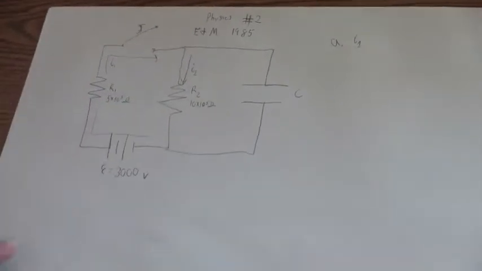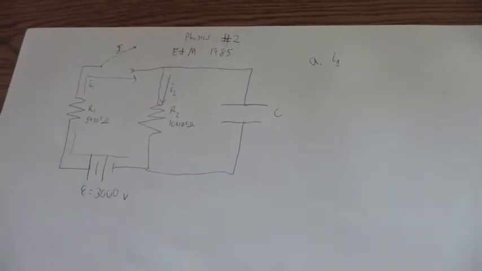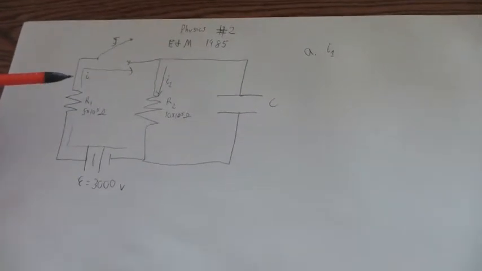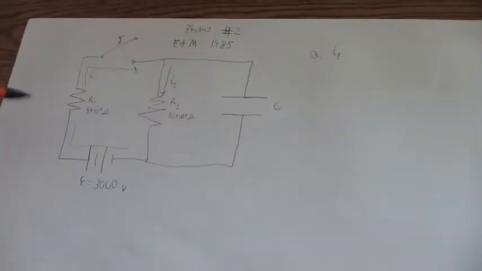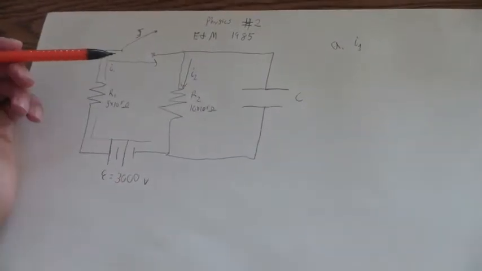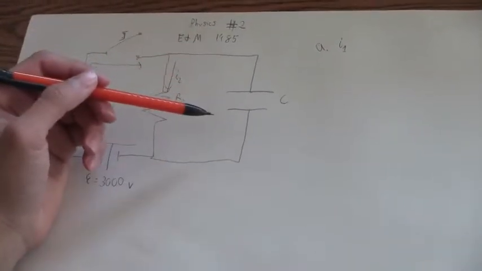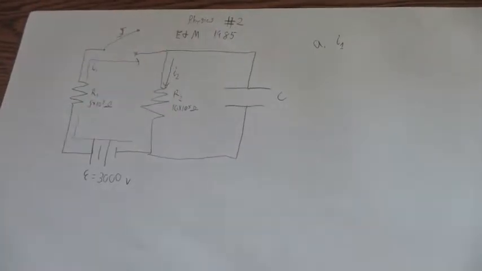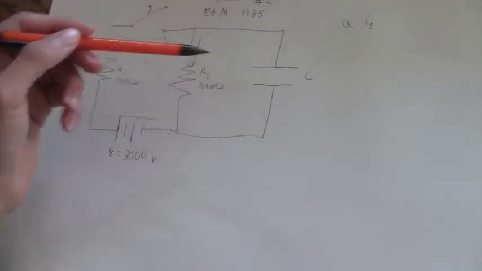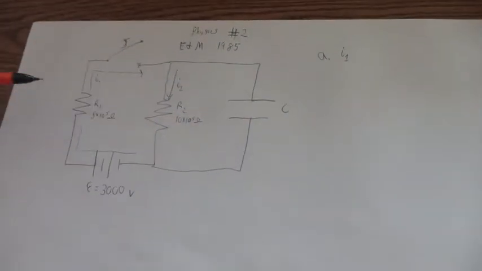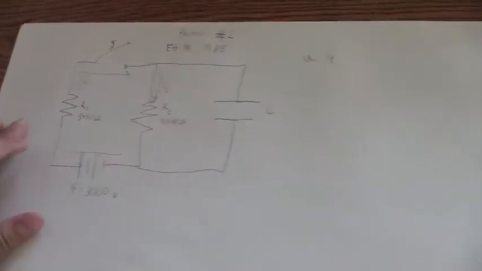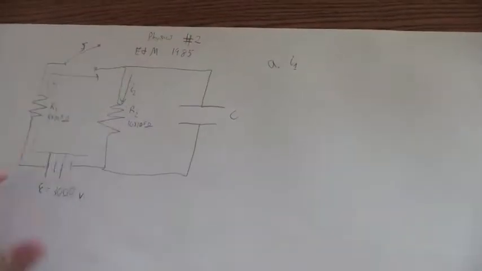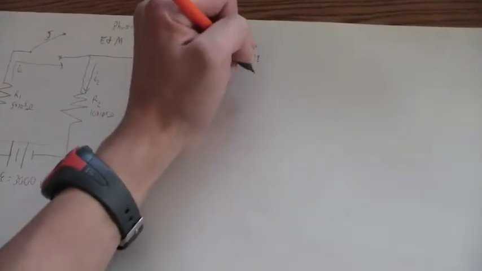What you have to remember is that there is a capacitor in the problem, and immediately after the switch is closed, so immediately after charge starts flowing through the circuit, all of the charge is going to flow across the capacitor. Across, not through. It's going to go across the capacitor, and immediately after the switch is closed, all of it will go across the capacitor. And that's just a property of a capacitor, so if you don't know that, shame on you.